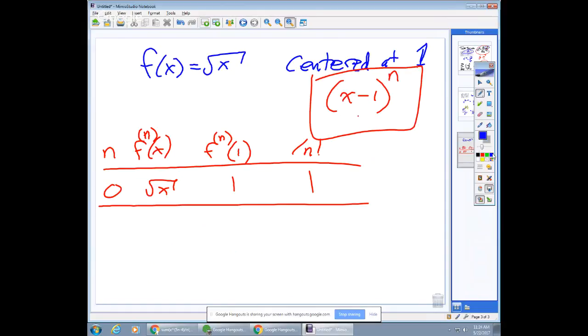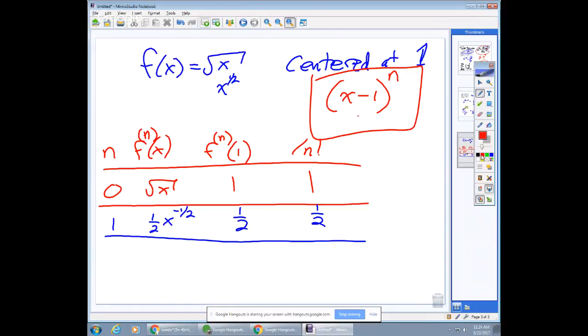All right, so we view square root of x as x to the 1/2, and the first derivative is going to be 1/2 x to the negative 1/2. We could rewrite that as a square root, but since we've got to take the derivative again, I don't think it's worth it. Then we plug in 1, and we get 1/2 divided by 1 factorial, which is still 1/2. And we take the next derivative.